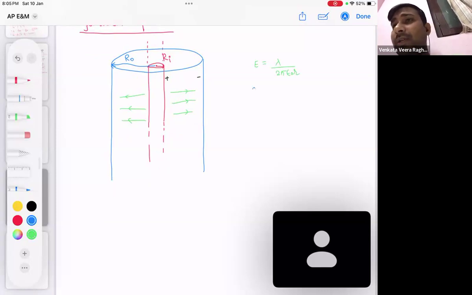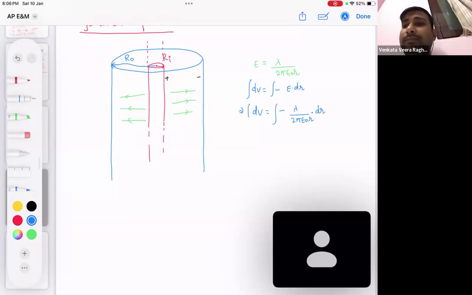And if you write dV here, what will you write? Minus of E dot dr you will write, isn't it? Let's calculate that potential difference. So dV equal to minus electric field, which is how much? Lambda by 2 pi epsilon naught r, and dr. Let's integrate it.